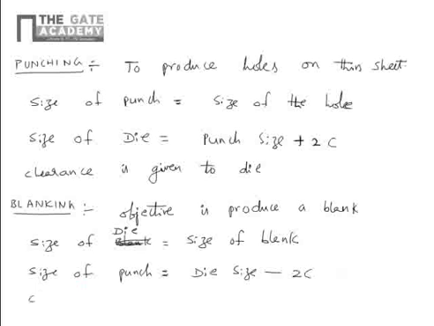So clearance in blanking is given to the punch. That's what you have to remember, because the formula shows it.